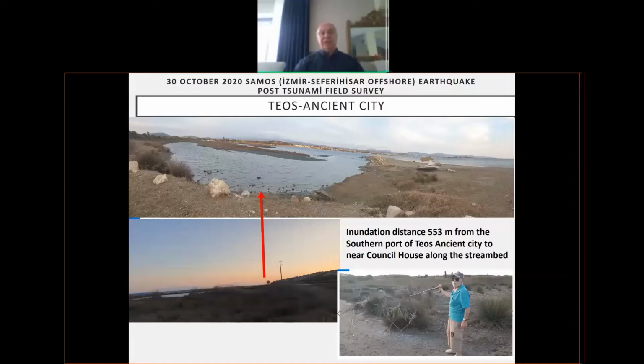The photograph is shown here, but it is also located at the end of a stream bed, and tsunami likes the stream beds and rivers very much, and penetrates into the inland along them. We have seen the same behavior of tsunami in this event.